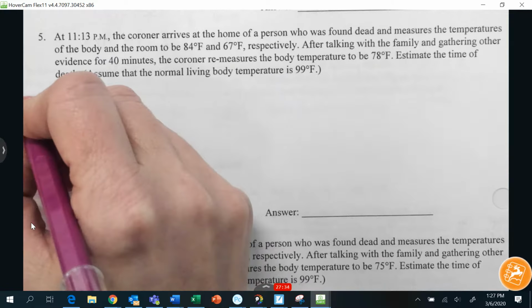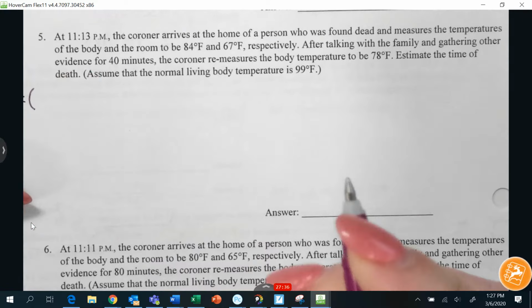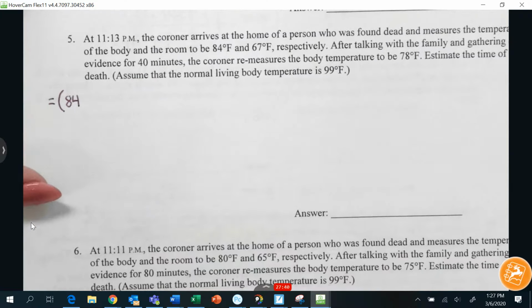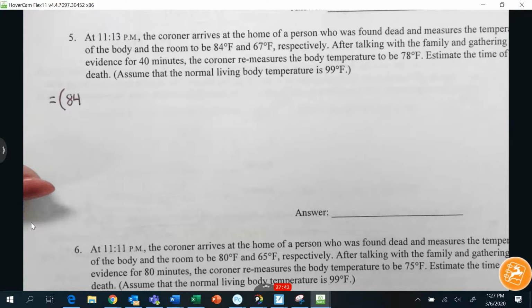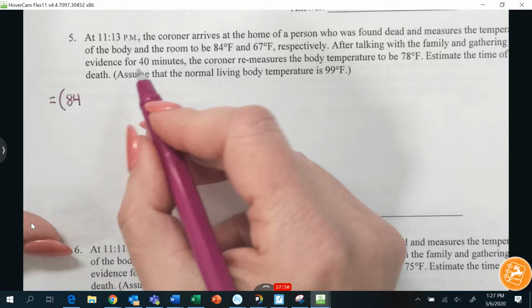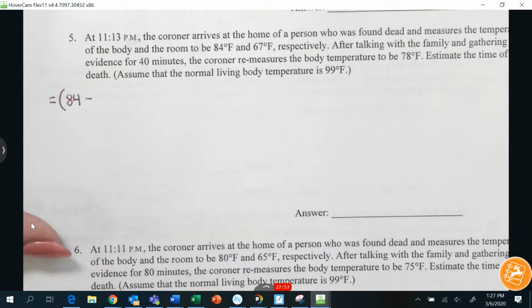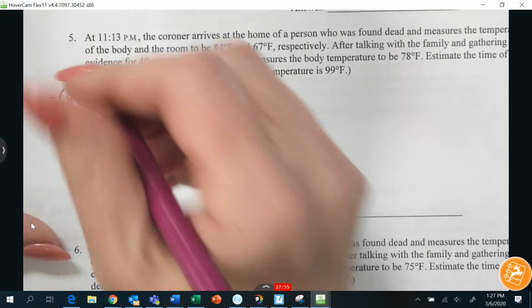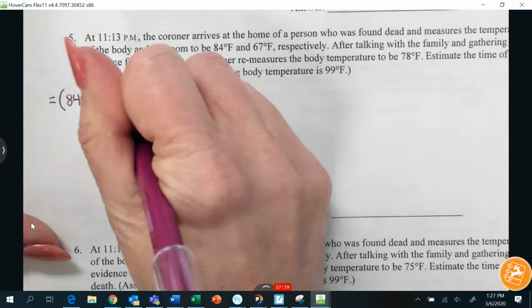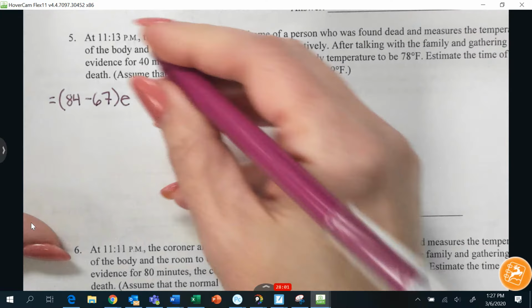Currently, at time 0, 84 degrees. So this is our T sub 0. You guys have the formula on the previous page. And then we're going to subtract off the room temperature. What is the room temperature? 67 degrees. We're going to multiply that by E to the negative R t.